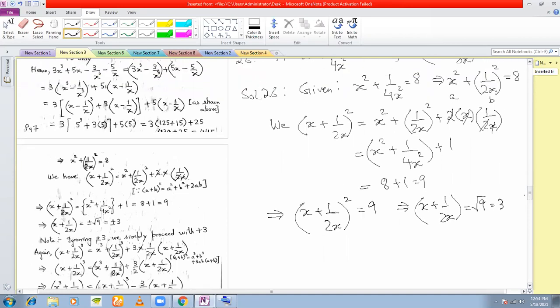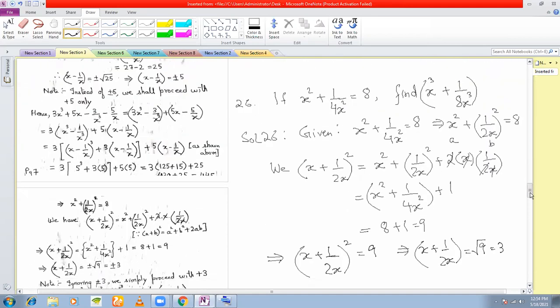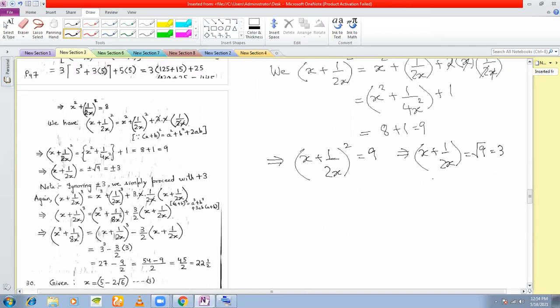Now once we have got the power 1, we can move to power 3. Okay, so how do we move to power 3? We start from power 1 and we cube both sides.